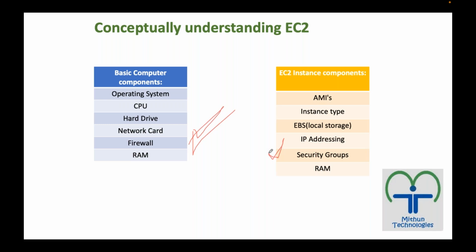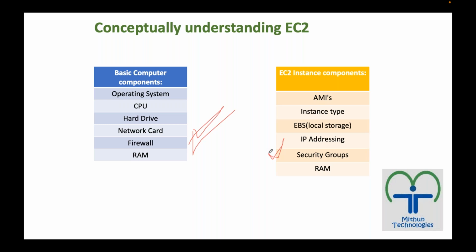So when it comes to the security group, it acts as a virtual firewall where it can allow or block the request. Basically, we can block the connection to that EC2 instance using a security group.